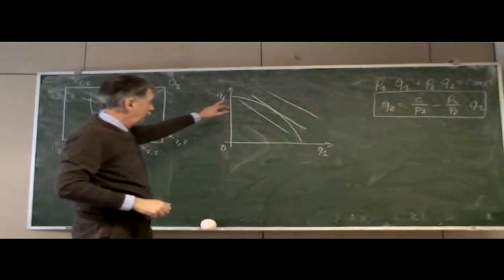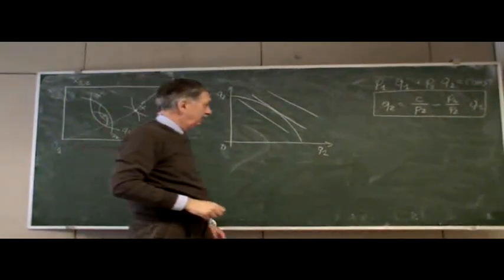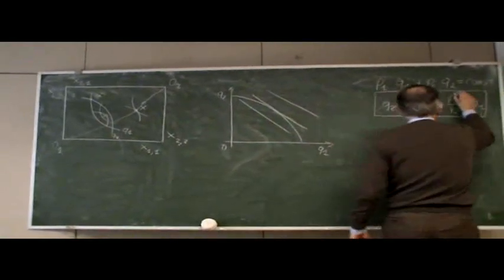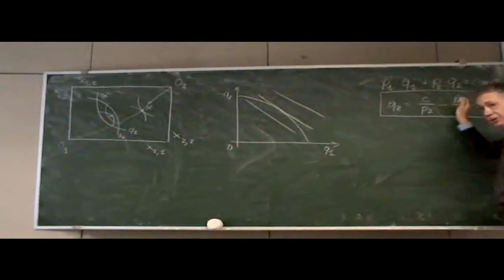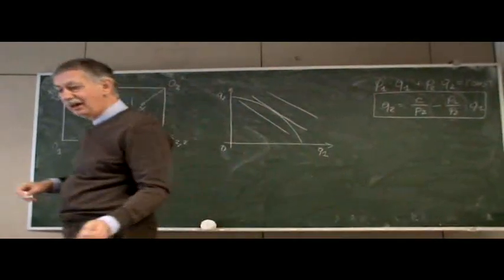The slope of all these iso-revenue straight lines is equal because it's nothing but the ratio between prices with changed sign.